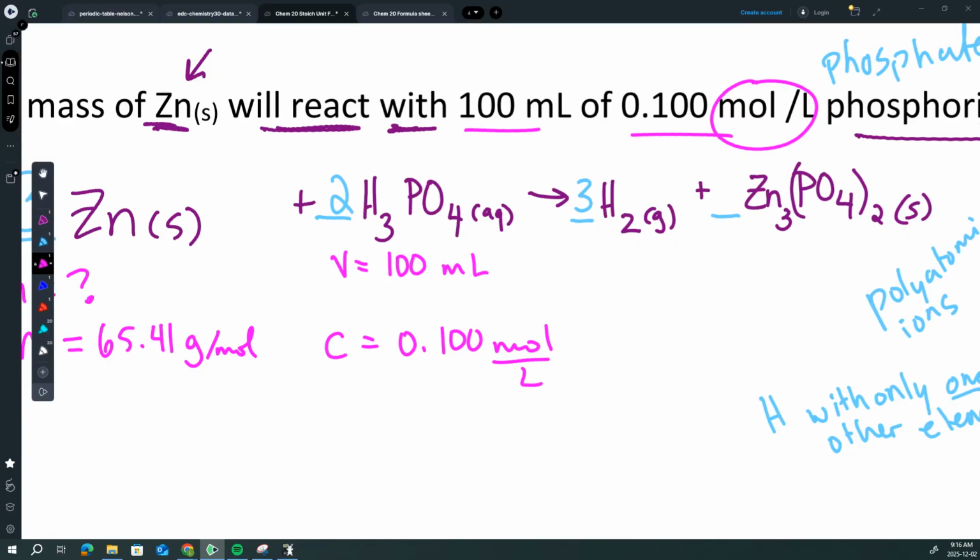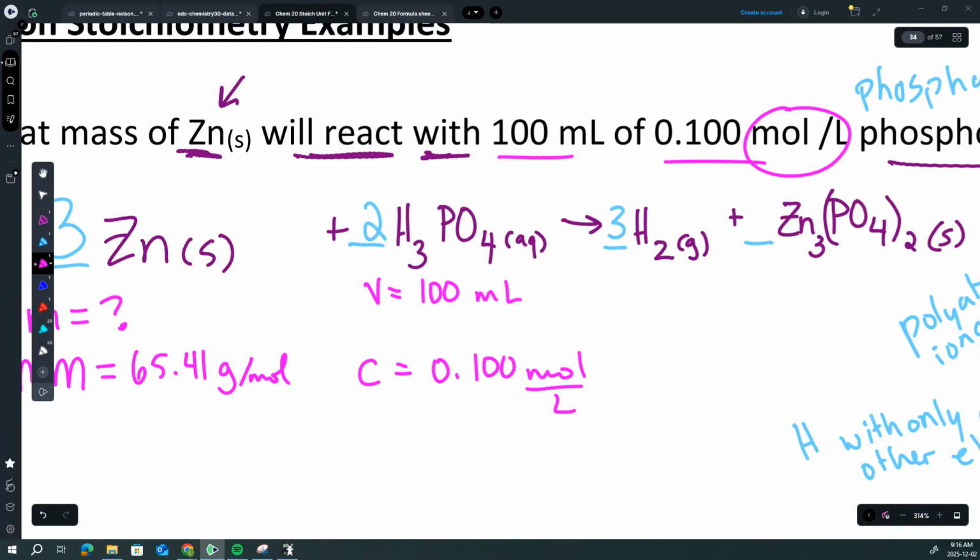Now, if I look at my units for phosphoric acid, one of them is in milliliters, and the other unit in concentration is liters. So I need to make sure that the volume units match up.